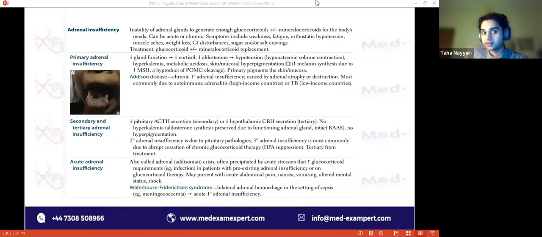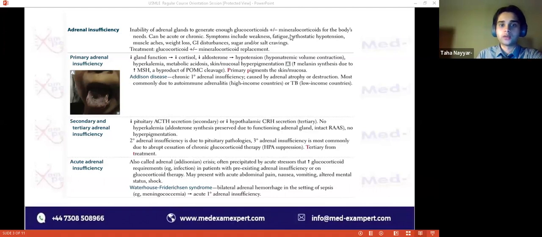And in secondary, the gland, the origin is fine, but the signaling is wrong. The trigger signals for this is the hypothalamus pituitary adrenal axis. So if there's something wrong with the hypothalamus or the pituitary, it can cause adrenal insufficiency, but that is secondary because your primary organ is fine. There is a secondary disorder, which is usually pituitary or hypothalamus.